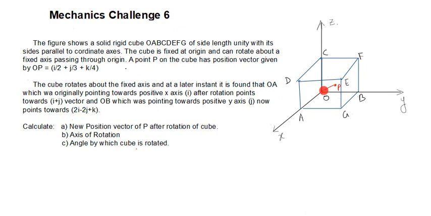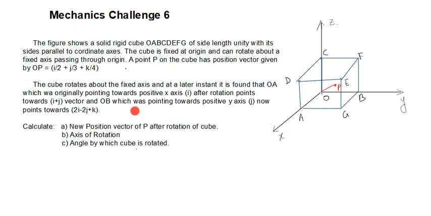Now this cube gets rotated, and this side OA, which was originally pointing towards i cap direction, after rotation starts pointing towards i cap plus j cap vector.